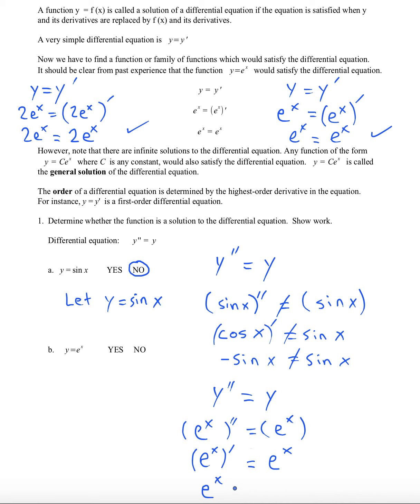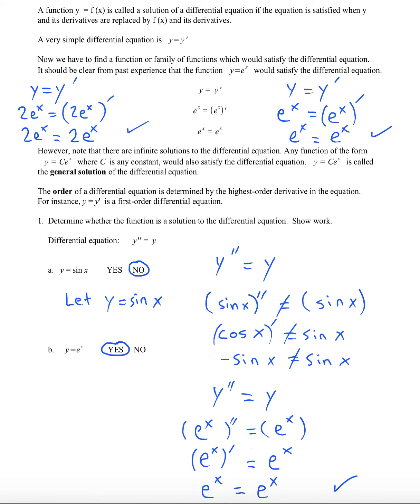Every time we differentiate e to the x, we get e to the x. Therefore, just doing it twice results in e to the x. And this one does check. E to the x is a solution to that differential equation.